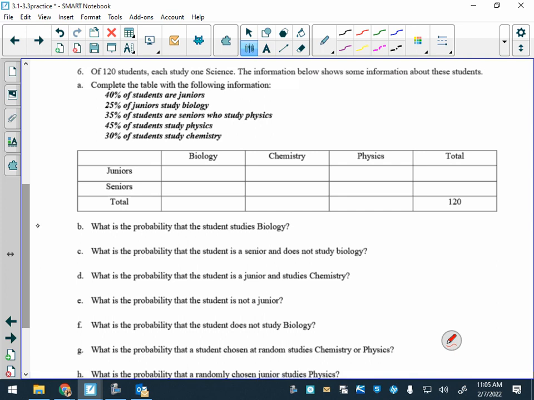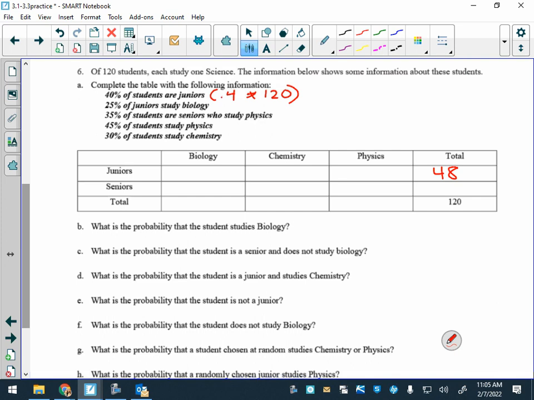Okay. We could do that. Perfect. Or we have 0.4 times 120, which gives exactly the same answer. There are 48 juniors. It'll be both.